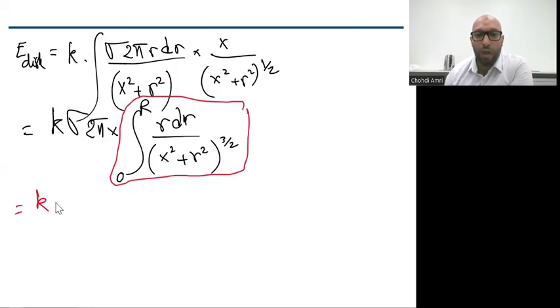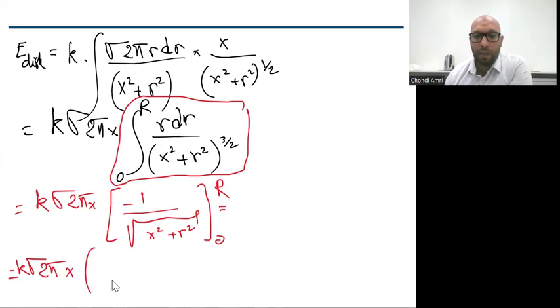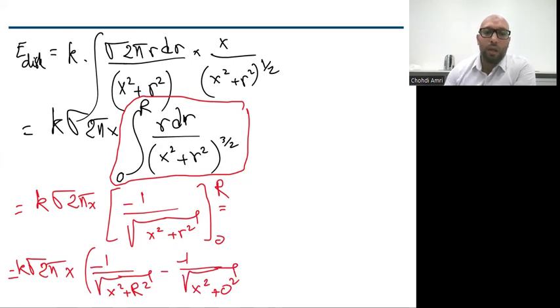So we can write k sigma 2 pi x multiplied by minus 1 over square root of x squared plus r squared, from 0 to capital R. So it will be equal to k sigma 2 pi x factor of minus 1 over square root of x squared plus capital R squared, minus minus 1 over square root of x squared plus 0 squared. 0 squared is 0, and the square root of x squared is the absolute value of x.